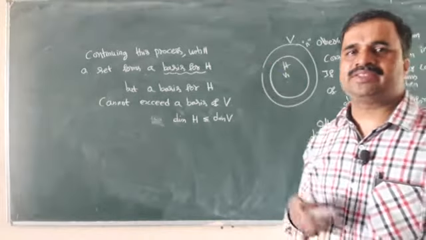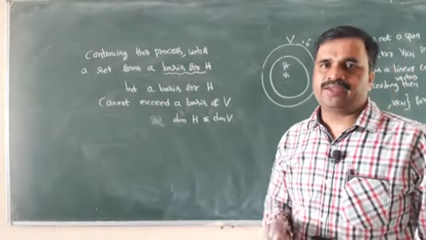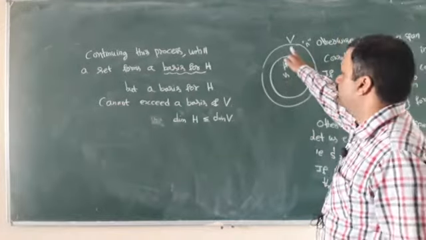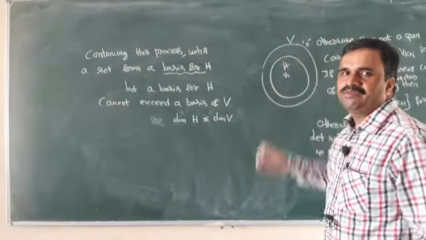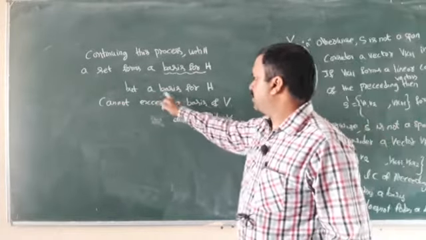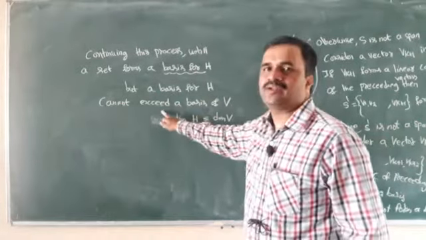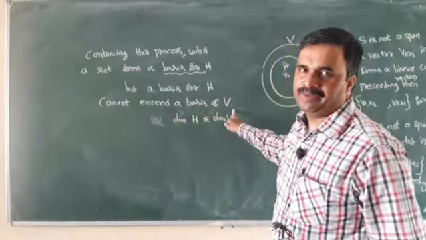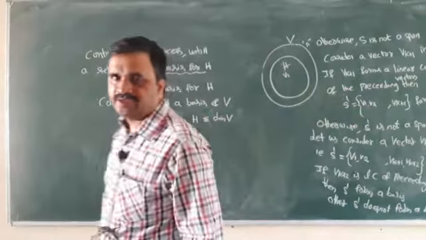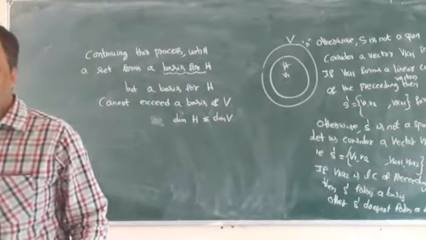But we can't exceed V. We can add elements, but not more than V. If V is n dimensional, we can't add more than n. But a basis for H cannot exceed a basis of V. Therefore, dimension of H is less than or equal to dimension of V.